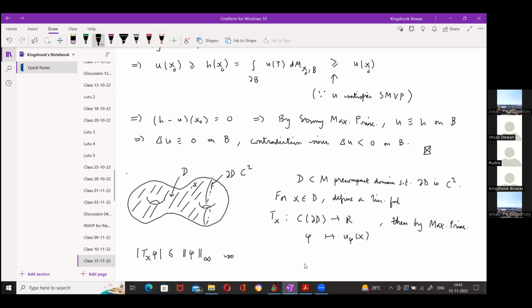So the operator norm of T_x is less than or equal to 1, and T_x φ is greater than or equal to 0 if φ is greater than or equal to 0. This is also by the maximum principle.